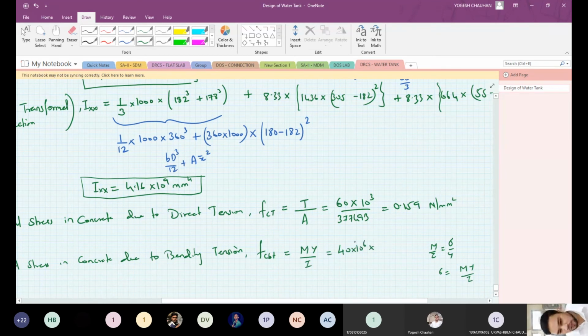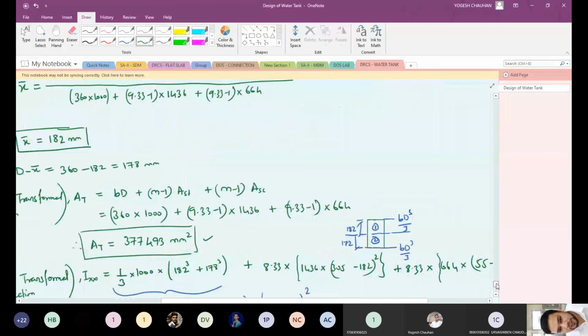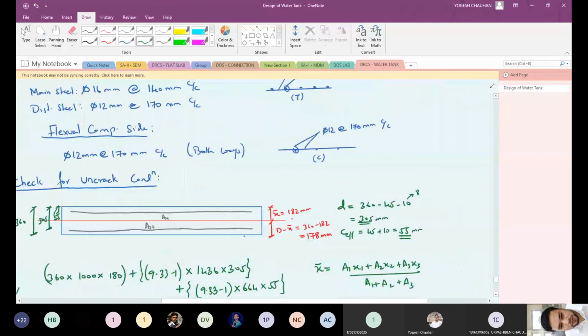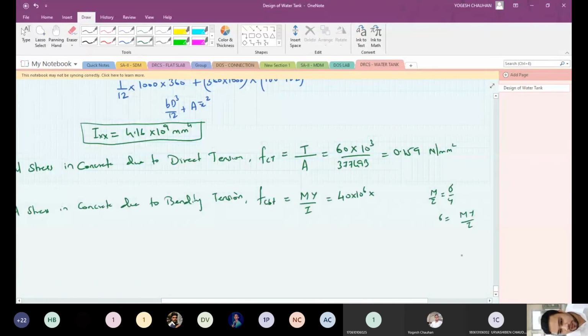Your this is the centroidal axis. So from the bending, this is the tension phase and this is the compression phase. So the distance of the fibers subjected to extreme tension will be this value, 178, that is d minus x bar.